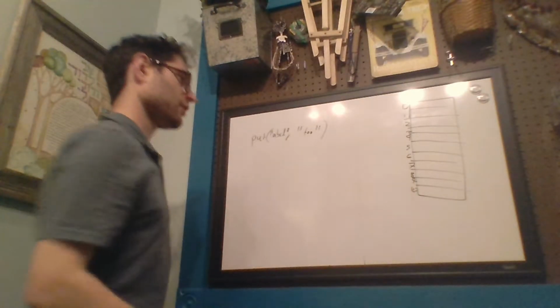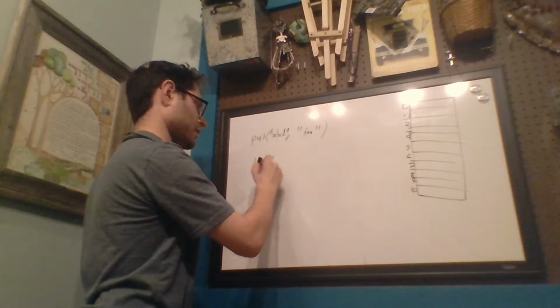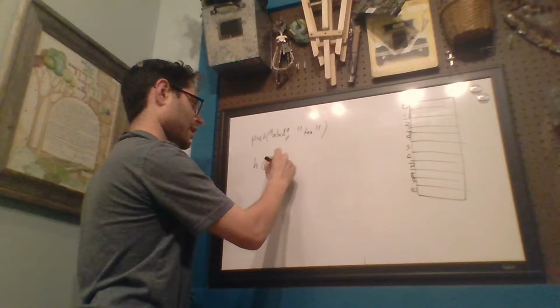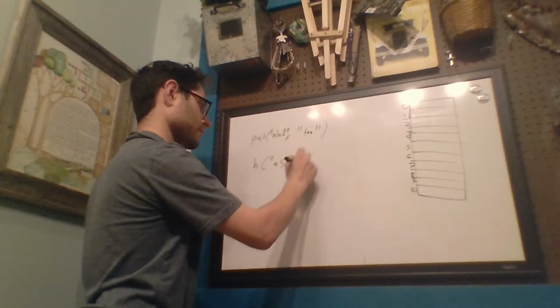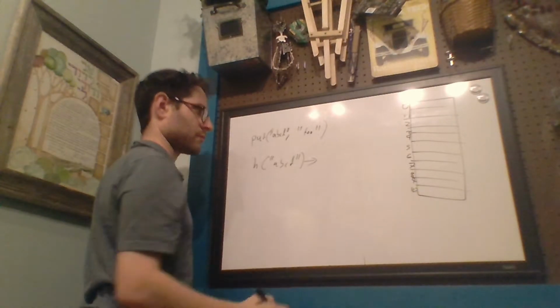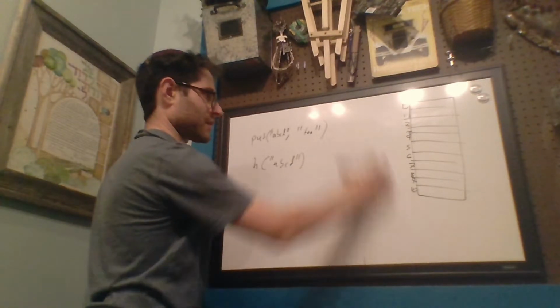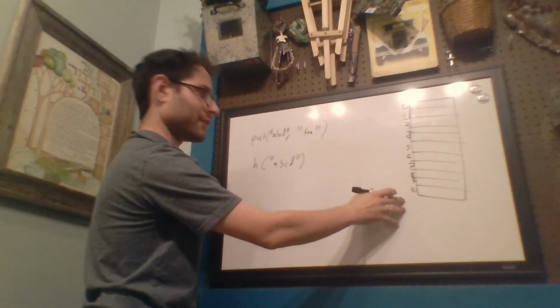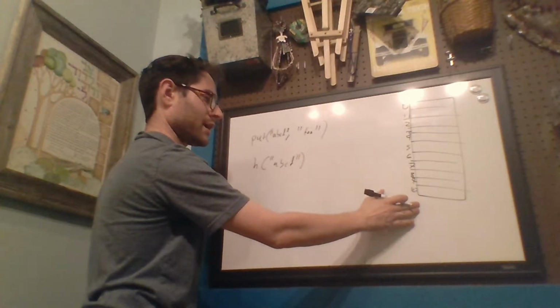To put this in, what we'll do is that it will put ABCD into the hash function and get some number out of it. Now that number is probably going to be much bigger than the size of an index, than this 10, that's the maximum index available for my hash table.